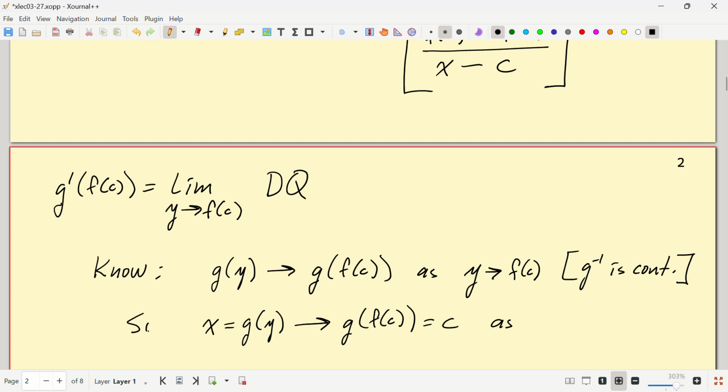So x equals G of y goes to G of f of c, which is c, as y tends to f of c.